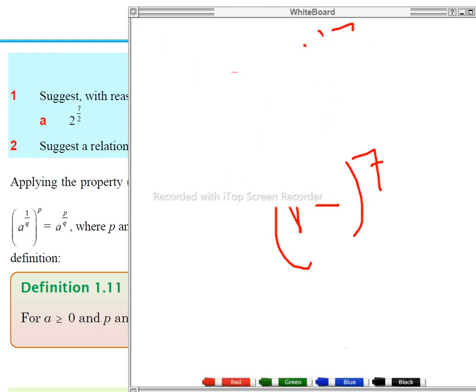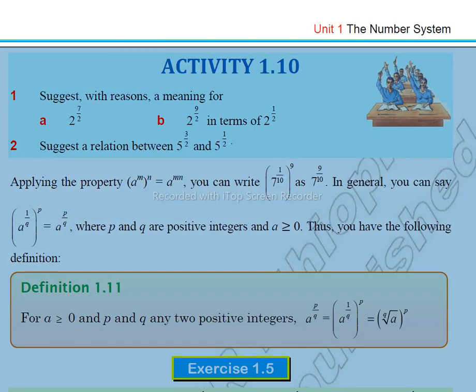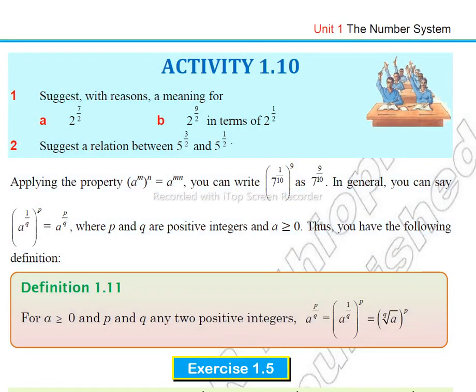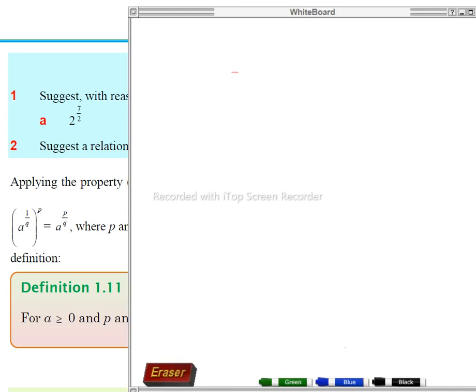And we have another activity. We have another question: 2 to the power of 9 over 2. The question says to write this in the form of 1 over 2.